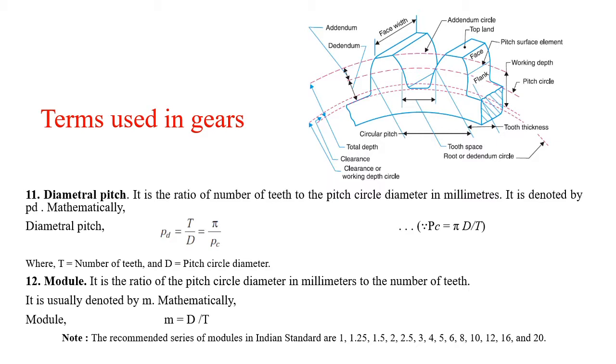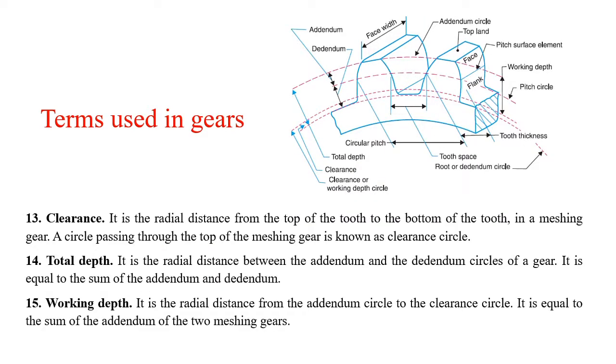That is nothing but the module, but mathematically it is D by T, pitch circle diameter to the number of teeth. So remember this module, M is equal to D by T. The recommended series for this module by Indian Standard is 1, 1.25, 1.5 and so on. These modules are generally used. Next, clearance.